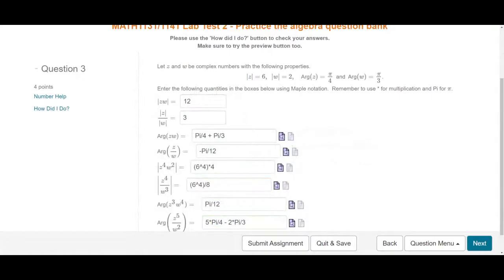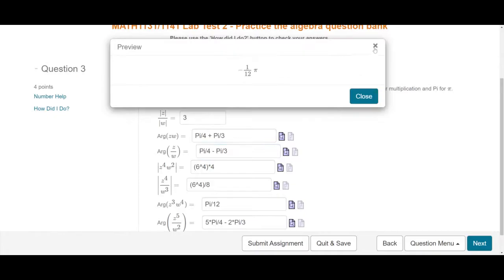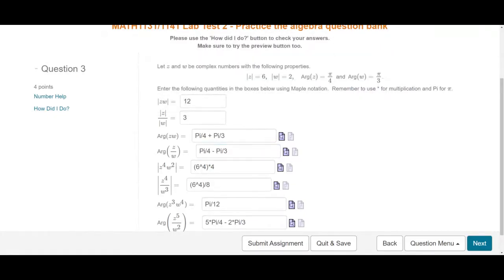So there you go. So multiplying, we add the two angles. Dividing, we minus the two angles, right? So it'll be pi on 4 minus pi on 3. Okay. So that's pretty easy. You don't even have to simplify them, which is nice.